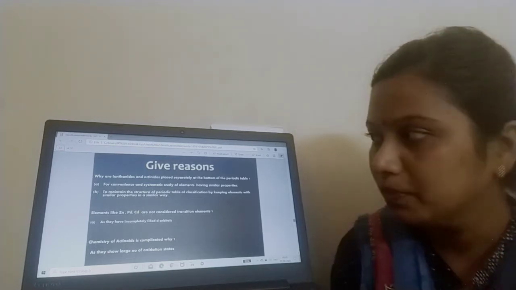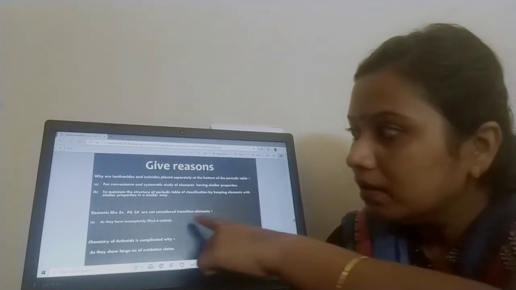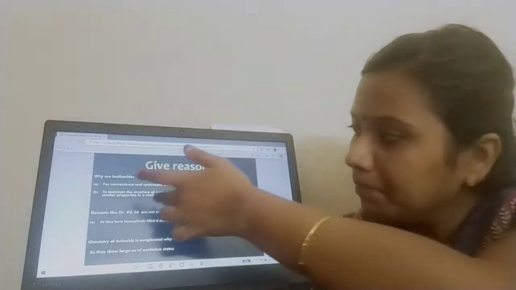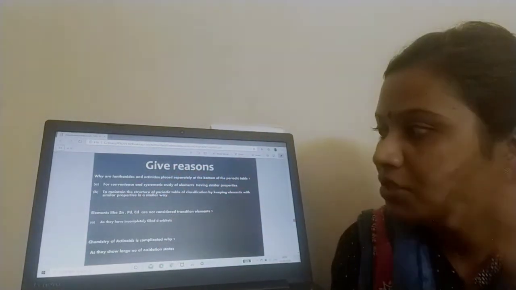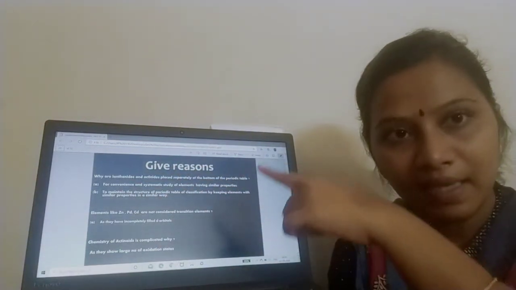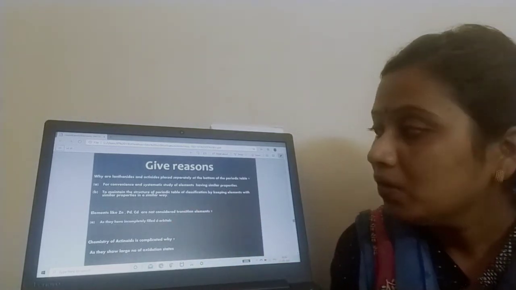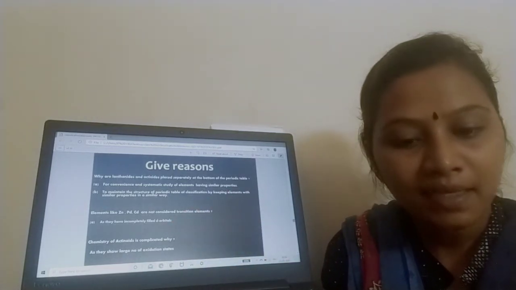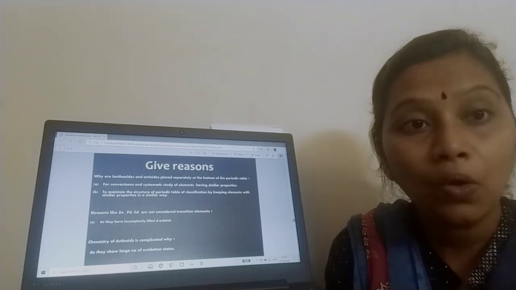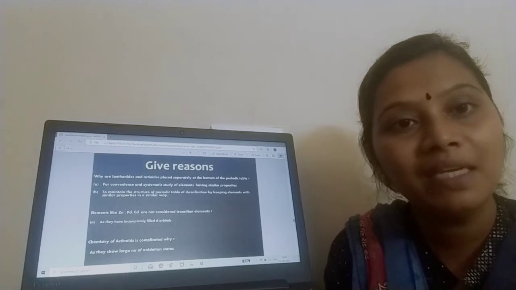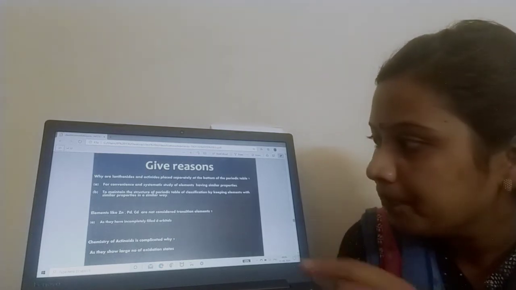Now, elements like zinc, cadmium and mercury are not considered transition elements. Why? Because they have completely filled d orbitals. Generally we call transition elements those whose d orbital is incompletely filled, but these three are exceptions.